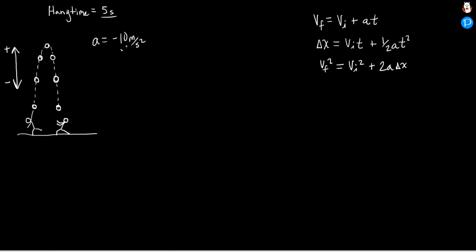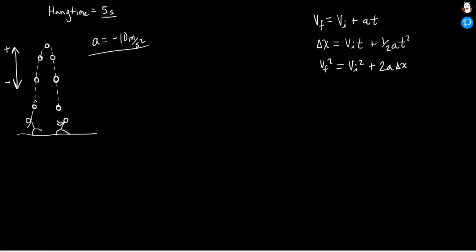So, also linking this to acceleration, the entire time that the ball is in the air, it has this acceleration. And remember, that's why the ball is slowing down as it's going up. It's slowing down because it's accelerating in the negative direction.